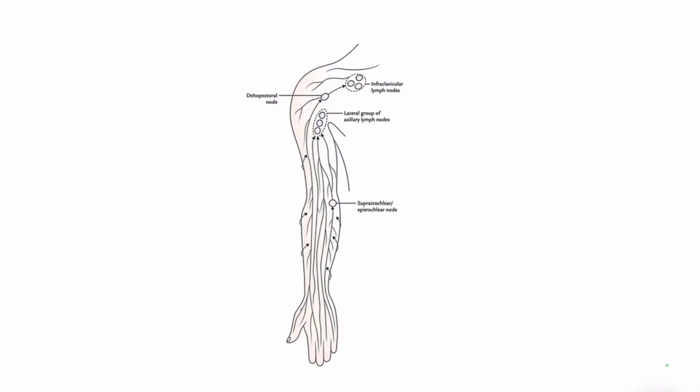The lymphatics from the thumb and its web accompany the cephalic vein and they run along the lateral border of the forearm and then along the lateral border of the biceps brachii, and then enter into the deltopectoral groove along with the cephalic vein. Then they pierce the clavipectoral fascia along with the cephalic vein and ultimately drain into the infraclavicular group of lymph nodes, which is also called cephalic nodes.